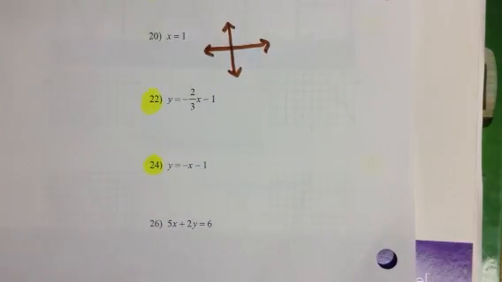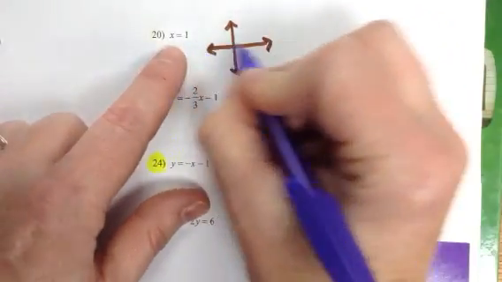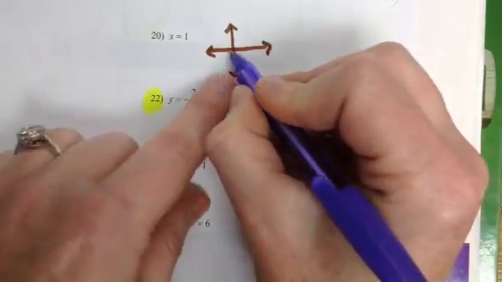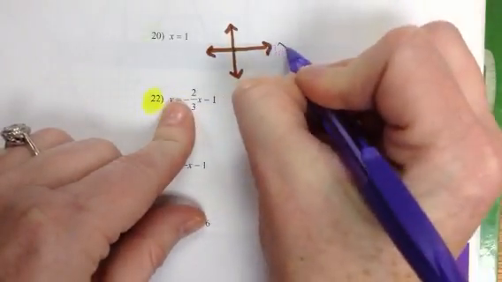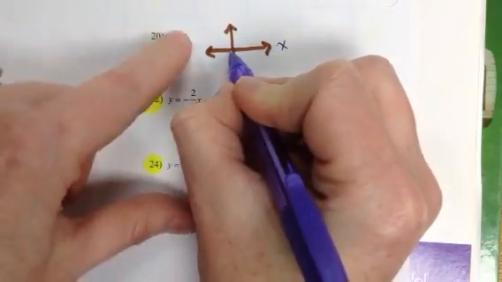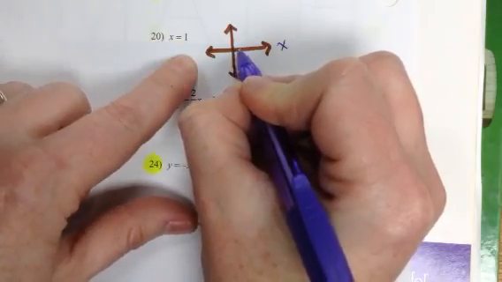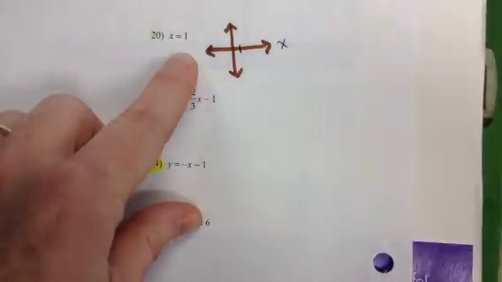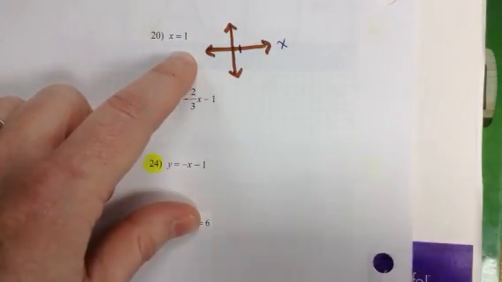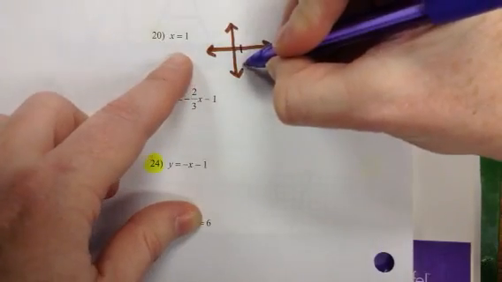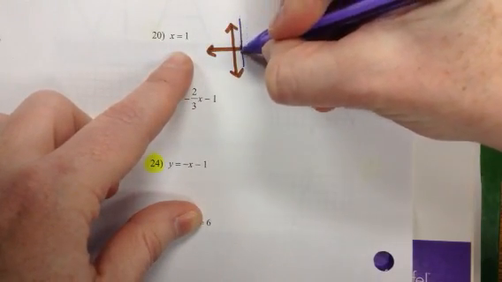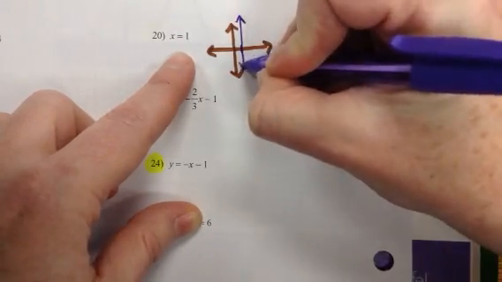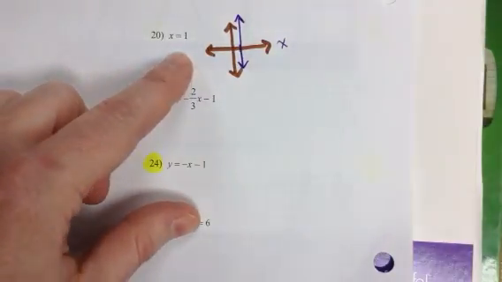And then I want you to kind of estimate where the x value of 1 would be. So I know this is my x-axis, the horizontal one. And to get to a positive 1, I would be moving to the right. So just put a little notch. Now, it doesn't give me a slope because this is going to be a vertical line that is passing through the x value of 1.